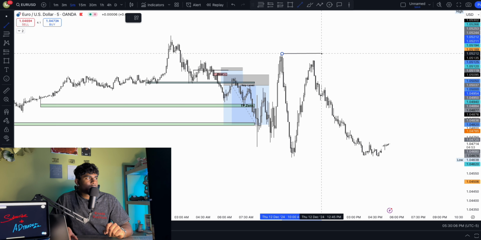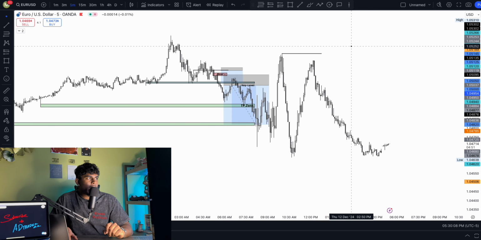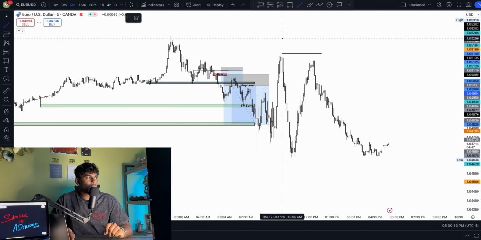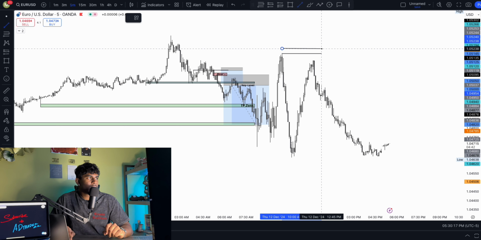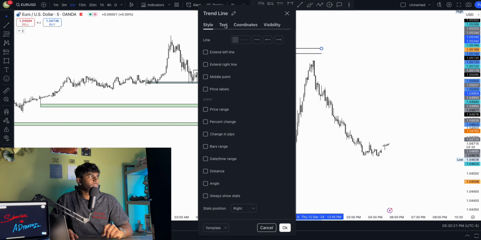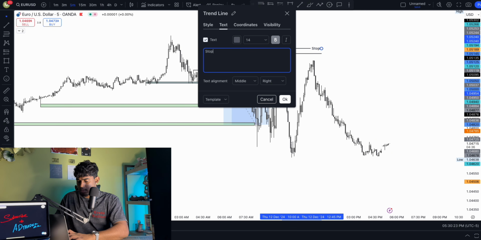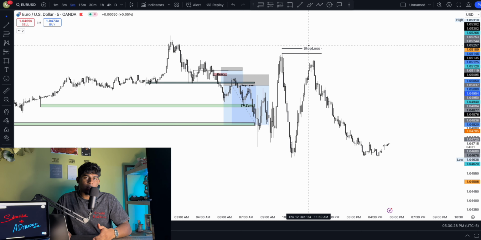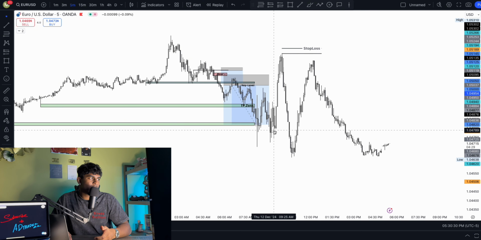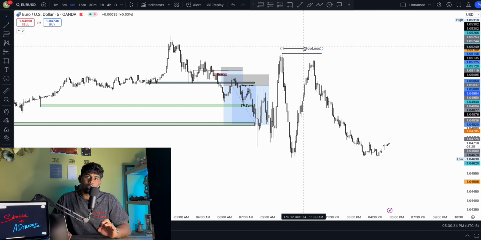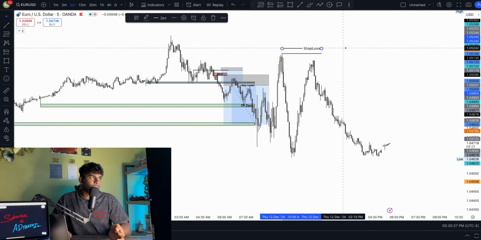This is where people would usually enter a trade, and their stop losses would be somewhere around over here. That's probably their stop loss, right? Their take profit can be anywhere from here, here. It doesn't matter where their take profit is. Their stop loss is what their liquidity is. That's all it is.